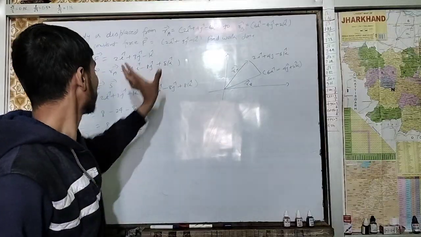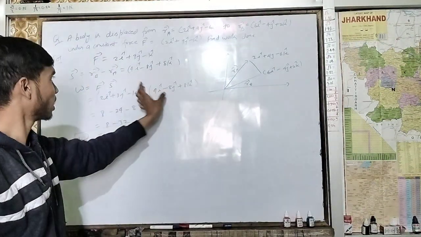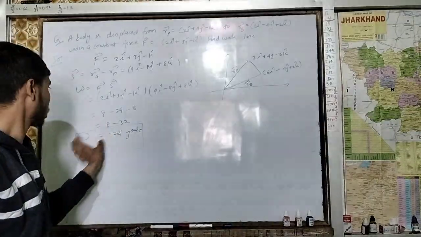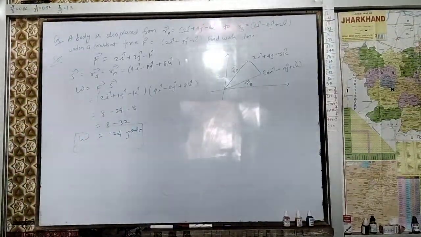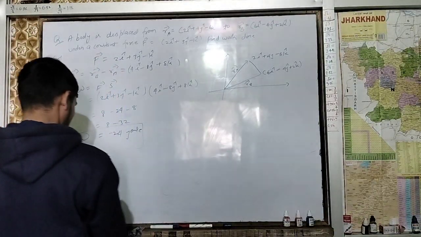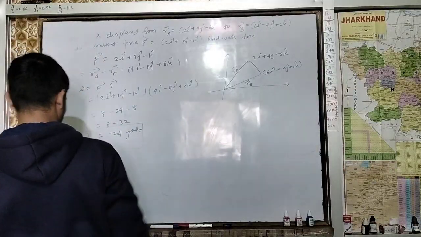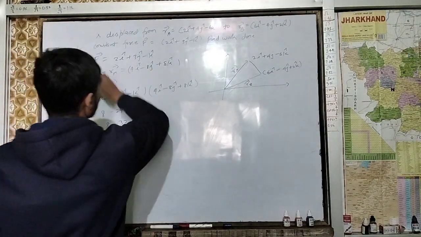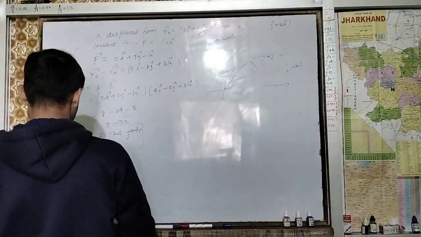Then we multiplied the force vector by the displacement vector and got W. Clear? Now let me erase this part so that we can move towards the next question.